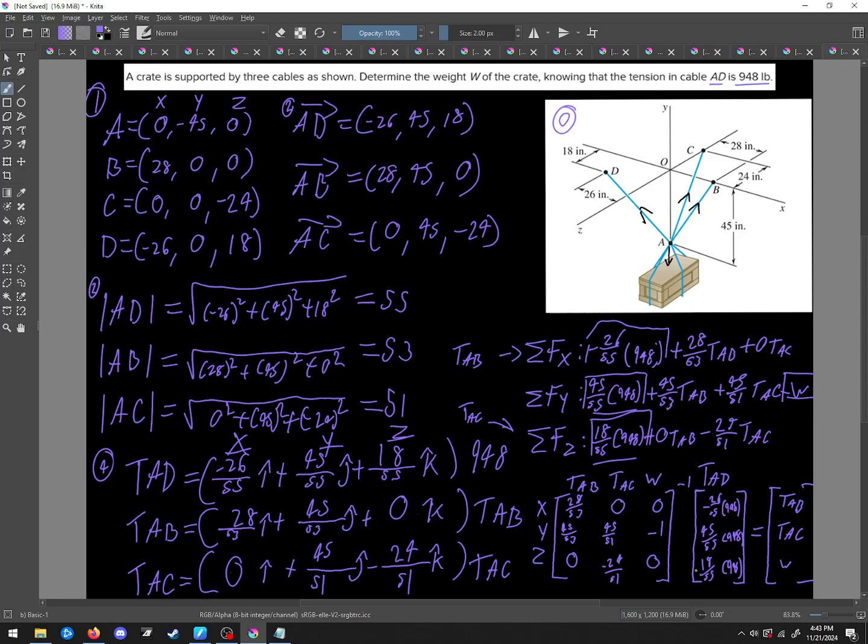Okay, we got one matrix done, and this one's going to be -26, 55 times 948, 45, 55 times 948, 55 times 948.